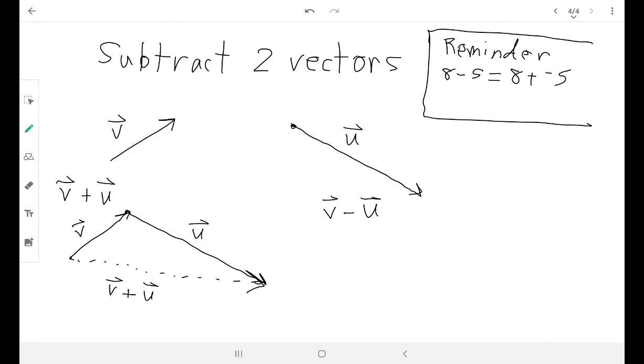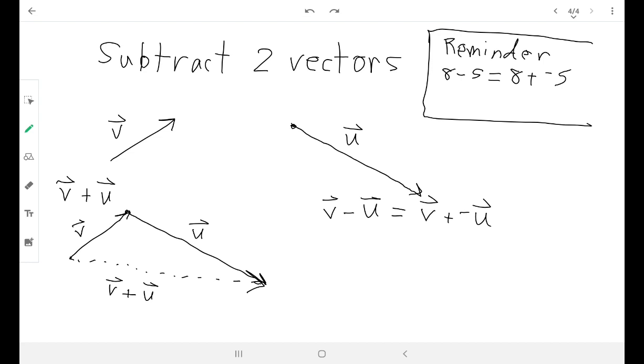And this is true for vectors also. V minus U is the same as V plus negative U. And what happens there is the negative changes the direction to the exact opposite direction.